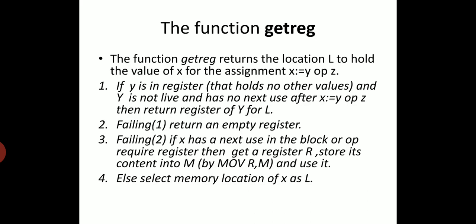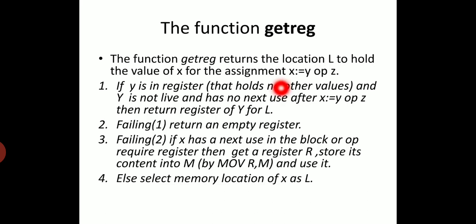Now the details of the getReg function. When we ask the getReg function to return a register for storing the result, first it will check the operand y. After performing the operation, if that variable is not required for further steps, we can use that operand's register itself for storing the result.